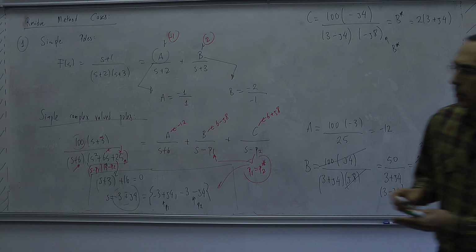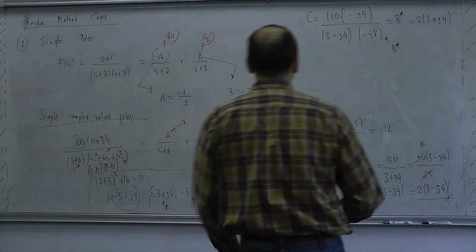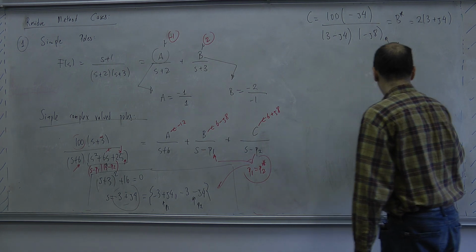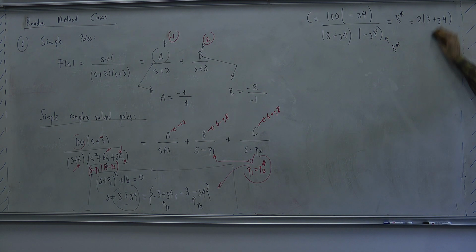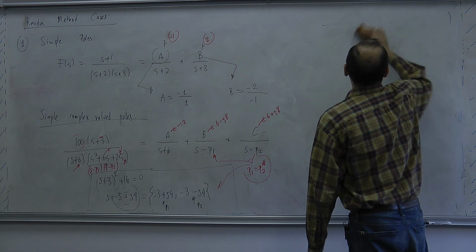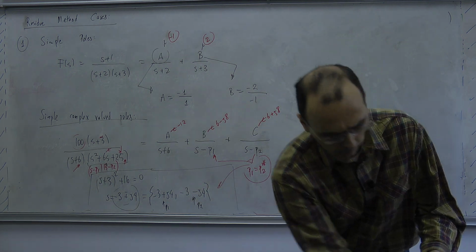So this is the end actually. Now, you can say that this is the partial fraction expansion. Well, this is the end. But let me go ahead one more step.